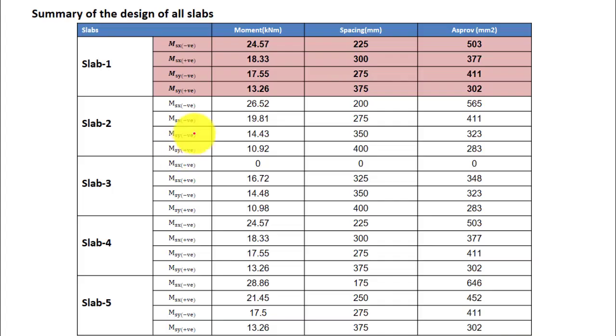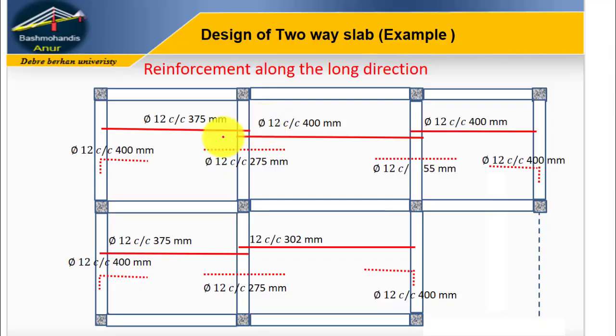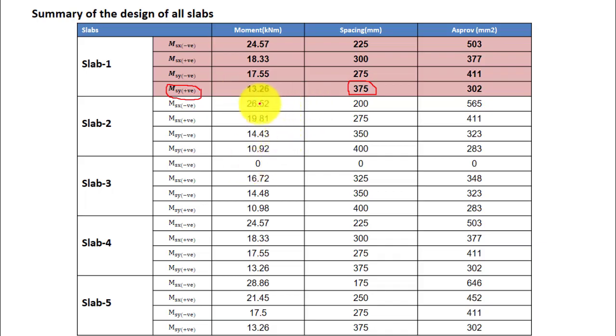Let us check it. Longer direction means in the y direction, therefore MSY positive in the span. The spacing is 375. Next, this reinforcement phi 12 center to center 275 means the longer direction at support, MSY negative at support, 275.